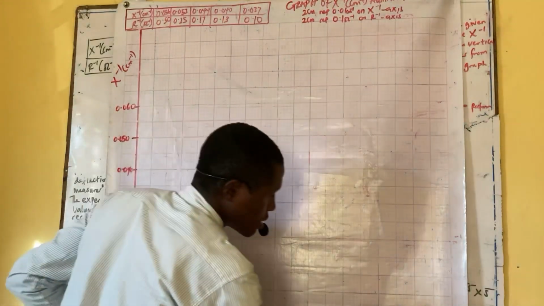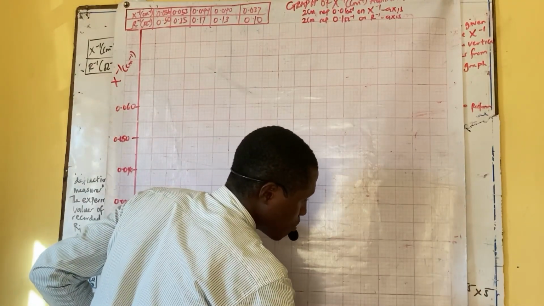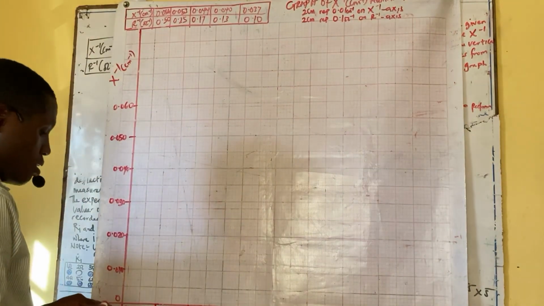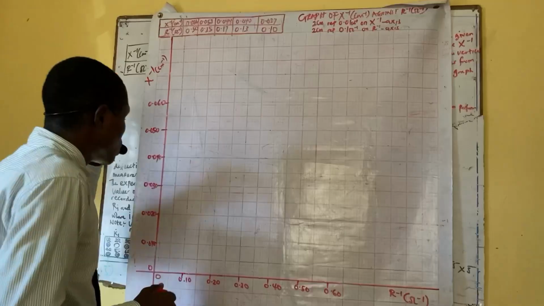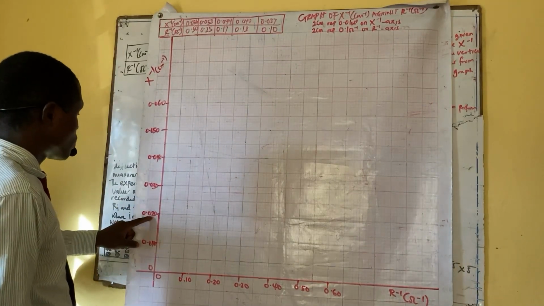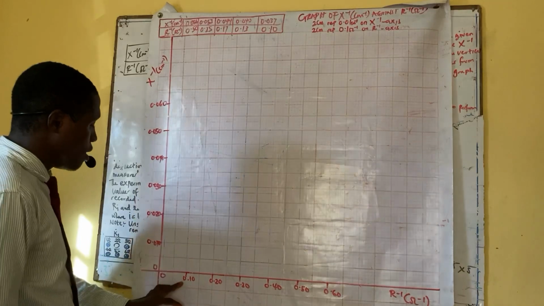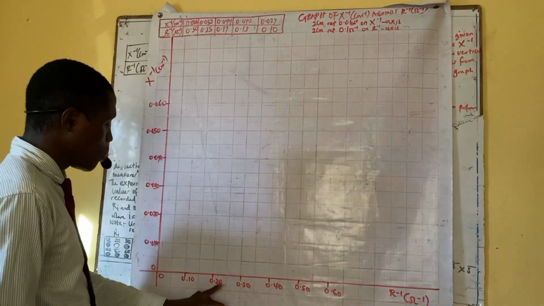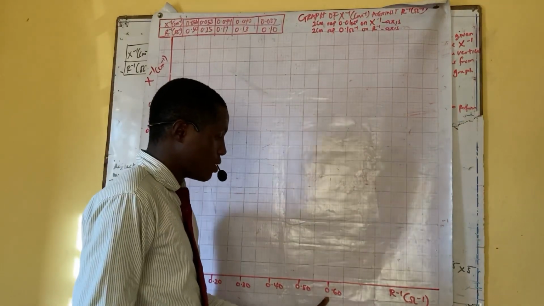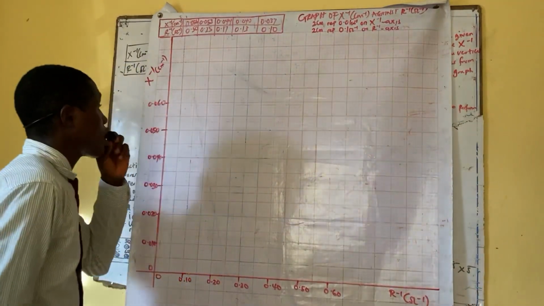So this is R inverse per ohm. That's our scale.